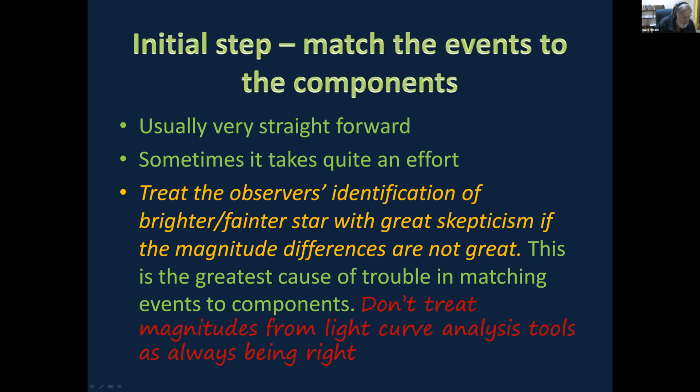However, if the stars are of similar brightness, you need to treat the observer's identification of which star is the brighter one and which is the fainter one with great skepticism. Basically you need to start off by saying, well, this is interesting, but he may have it wrong.